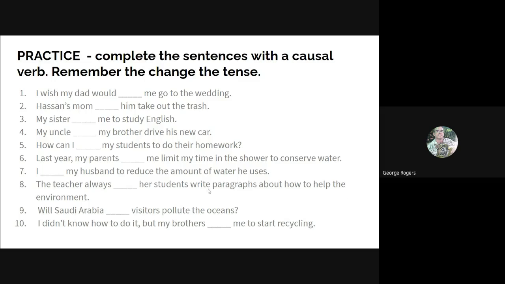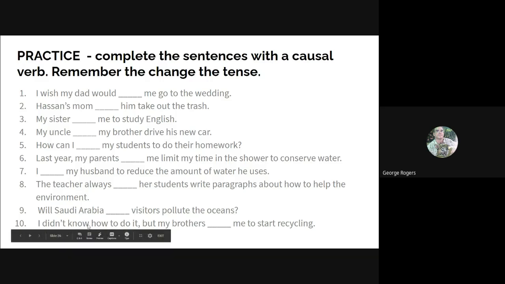So the base verb here is write. So we don't have a to in front of it. Okay. Number nine, will Saudi Arabia blank visitors pollute the ocean? Pollute is the base verb. There's no to in front of it. Visitors is the object. Okay. Number 10, the last one here.